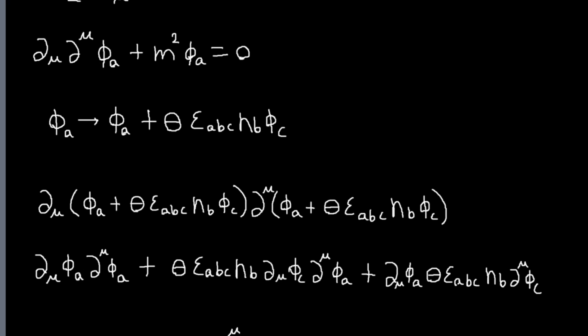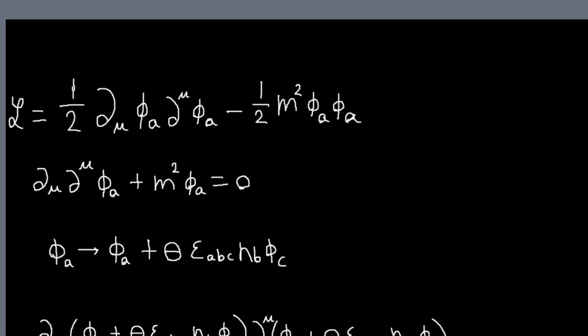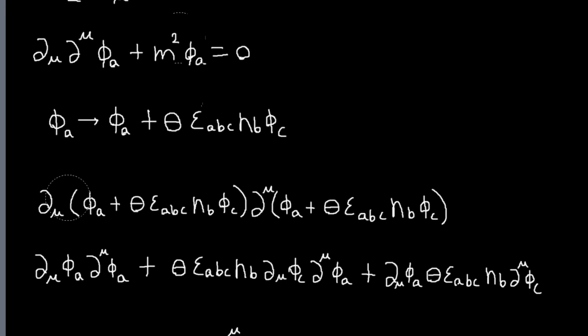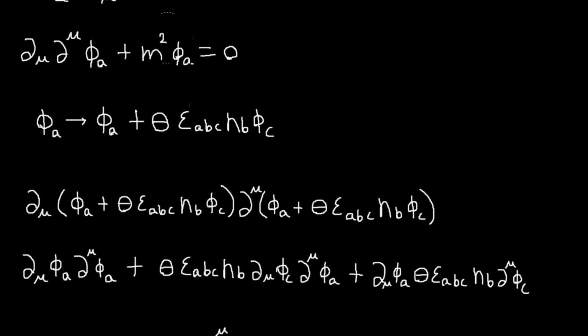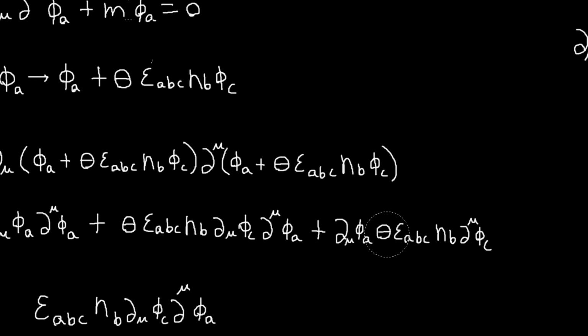Now the first term is just the ordinary term that we get. And then we get two terms that look like this. And then the last term will be quadratic in theta, so we just throw that away, say that it's very small.